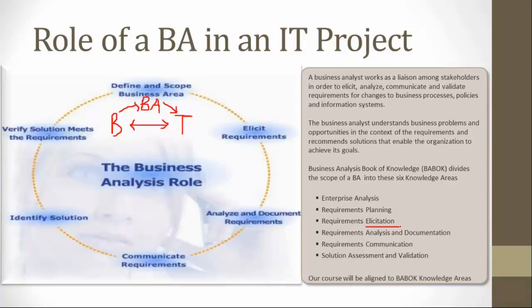And once he understands it, he has to document it such that the technical team can understand. So he knows how to effectively document the requirements as well. So those are the two main skills that you as a business analyst bring to the table.